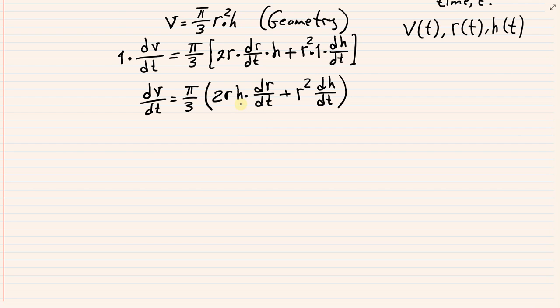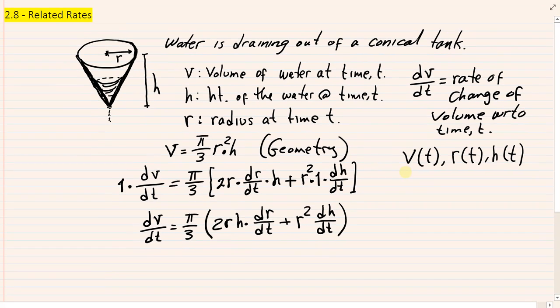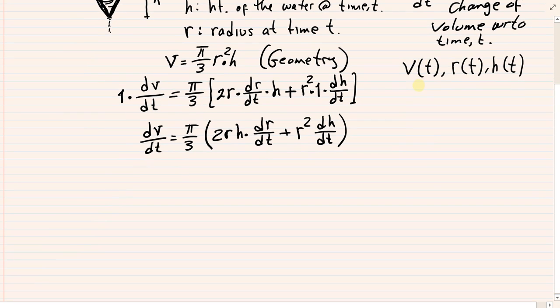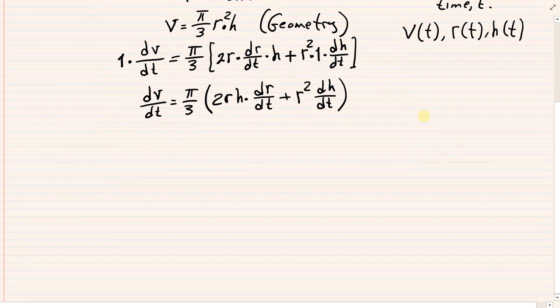All of these will be known. Okay, so in this sense, we say that the rate of change of volume is related to, and hence the title of this section, related rates. So the rate of change of volume is related to the rate of change of both h and r. Okay, let's take a look at another example.